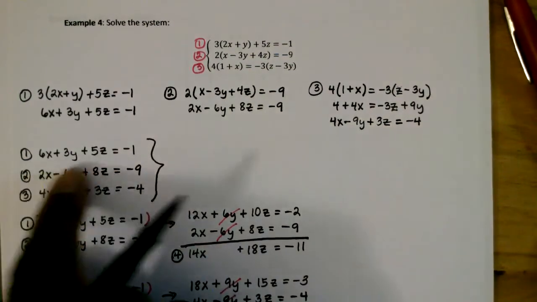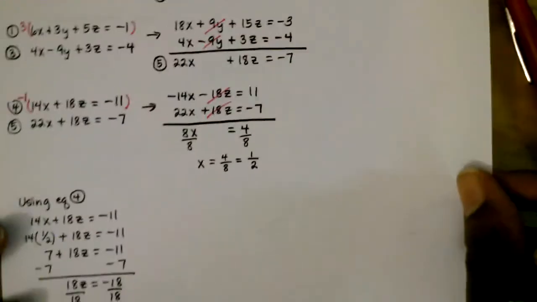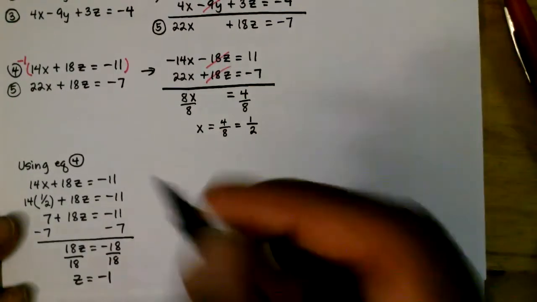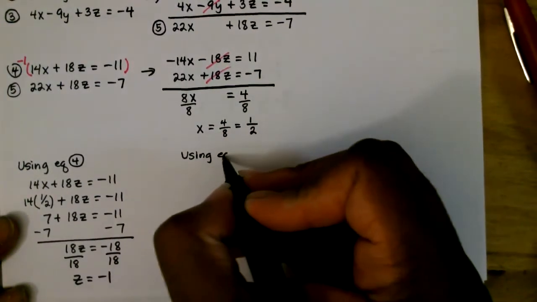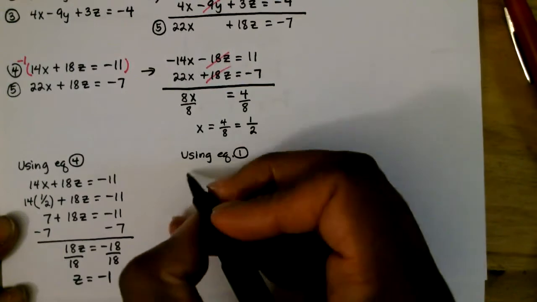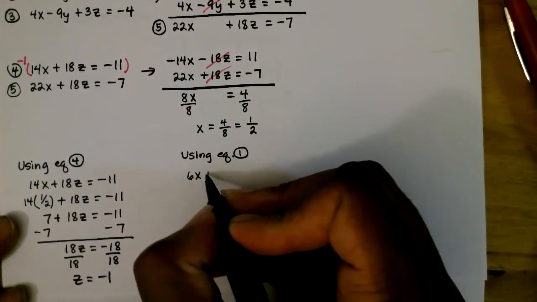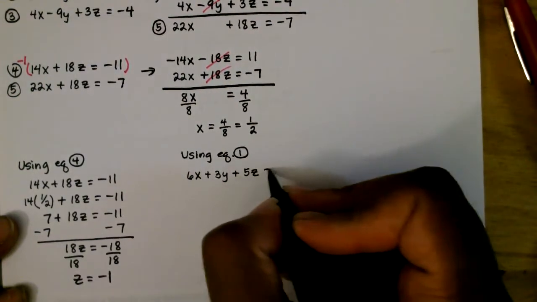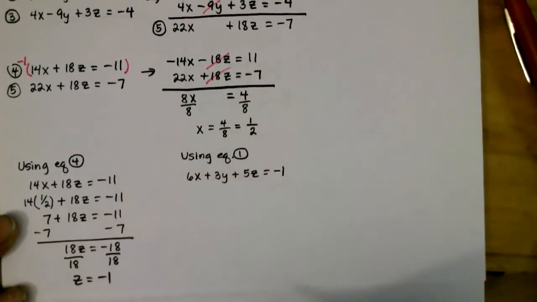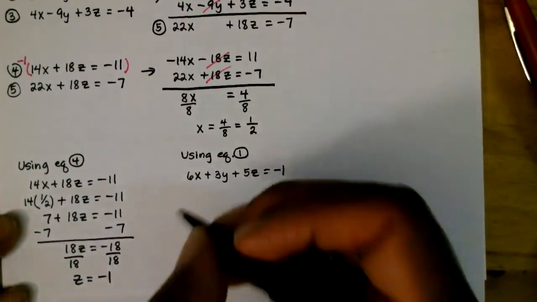So using the simplified equation number 1, which was 6x plus 3y plus 5z is equal to negative 1, I'm going to replace the x with 1/2 and the z with negative 1.